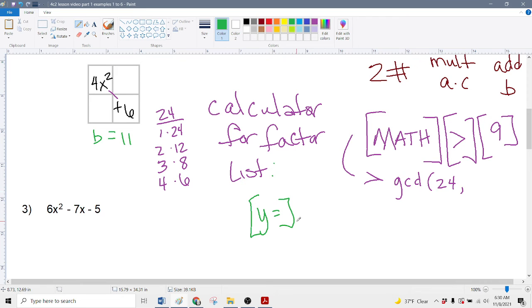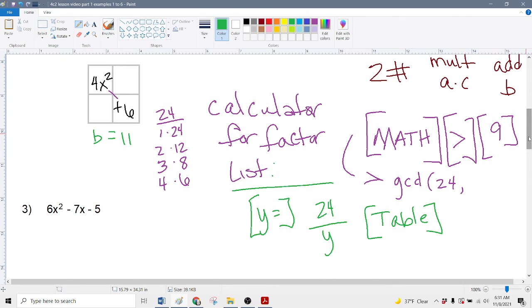And then when we get into y equals, we'll put 24 divided by y, okay? And then we'll press our table button, all right? So that's the way we're going to get this factor list on our calculator, okay?